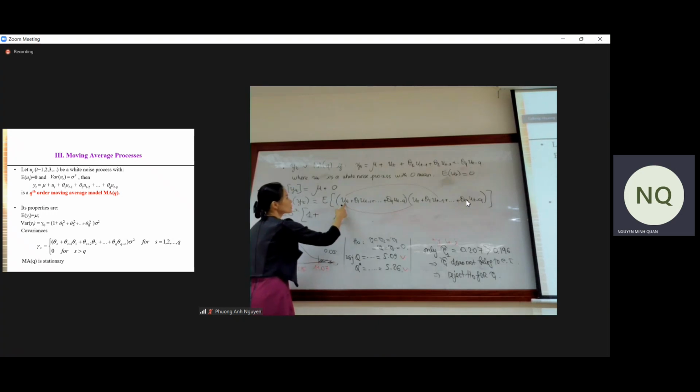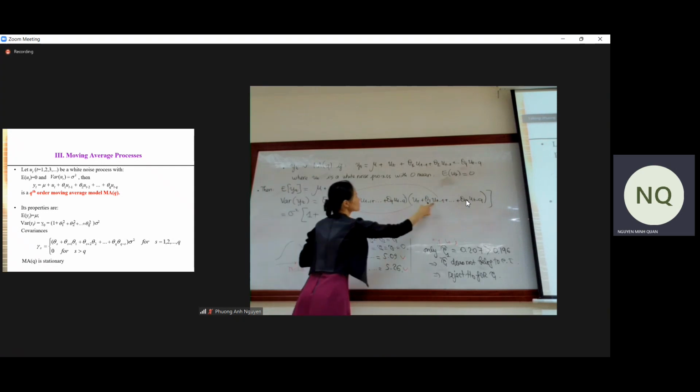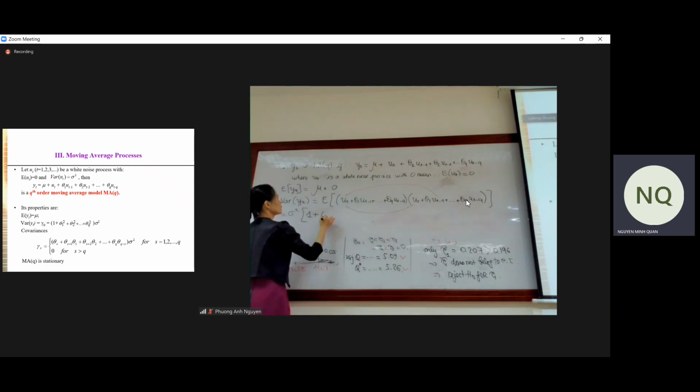The other cross terms with u_t will give you 0. Here u_{t-1} with u_{t-1} gives you theta_1 squared. All the cross terms are 0.